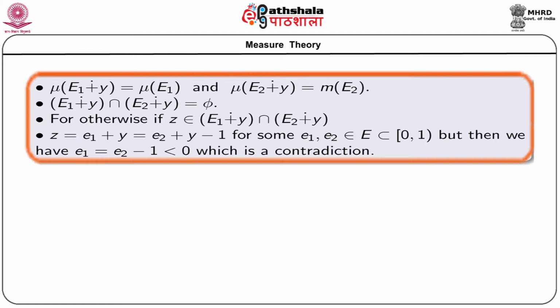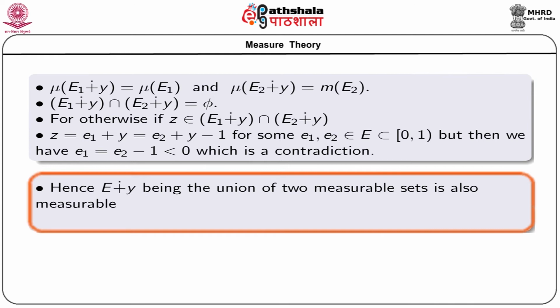But this implies that e1 is equal to e2 minus 1, but this is less than 0. So, e1 cannot belong to [0,1), which is a contradiction.